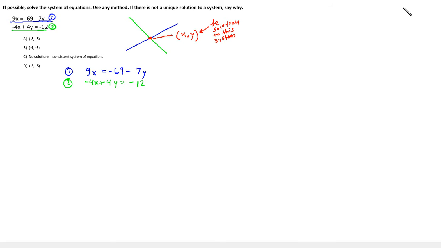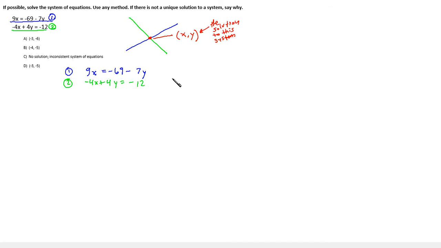Now there are several methods to solving a linear system. There's the substitution method and the elimination method, for two examples. Graphing is a third example. But I prefer the elimination method because I find it to be very fast.